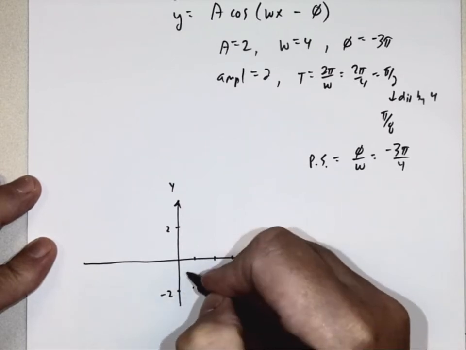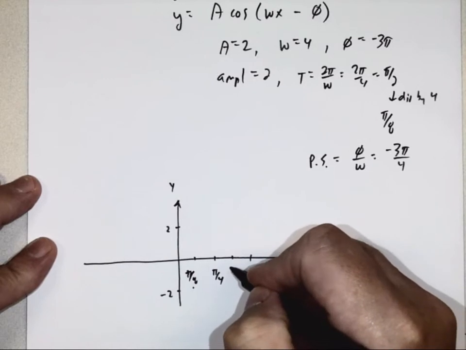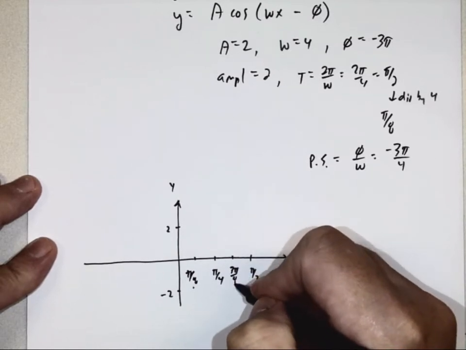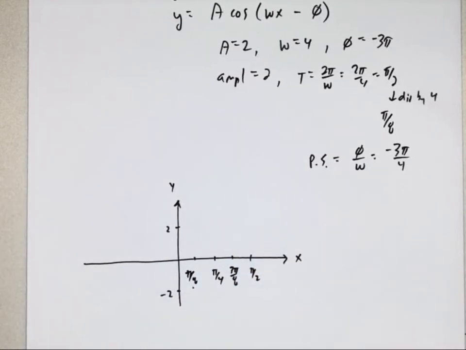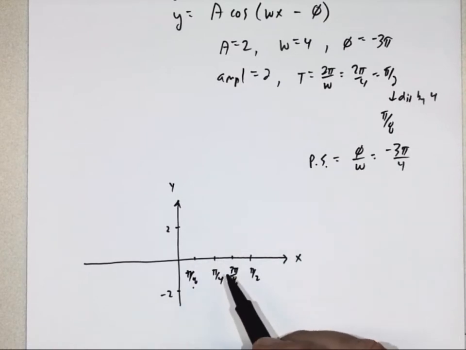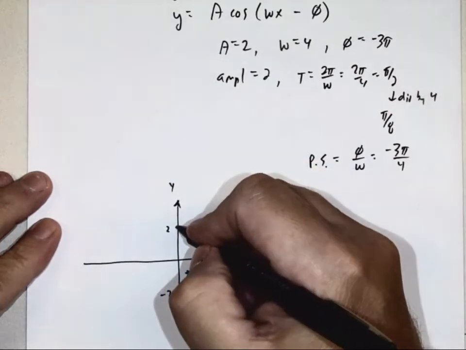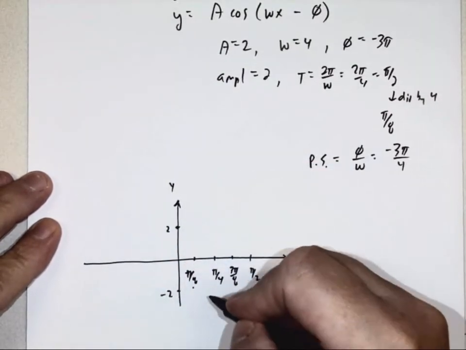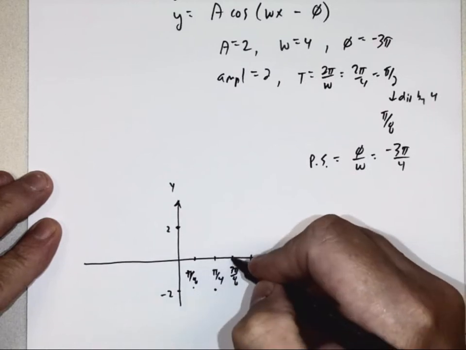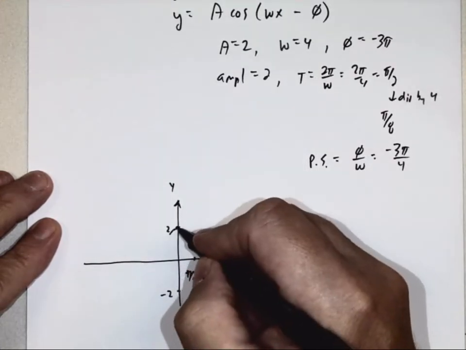So this is pi over 8, and 3 pi over 8. So let's do a dotted line graph without the phase shift. Since it's a cosine, we know it starts high, comes to 0, goes low, back to 0, and ends up high.